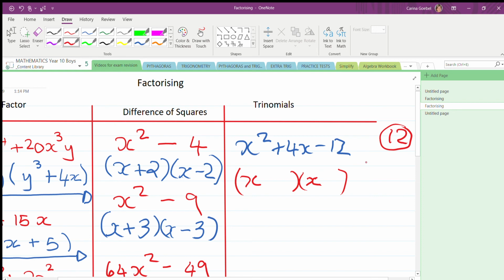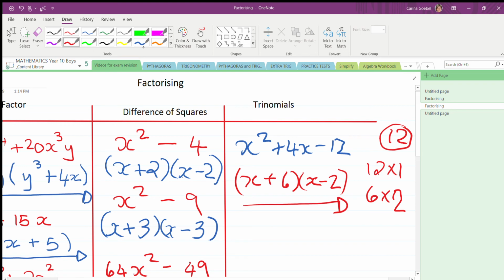So 12 times 1 is 12, but 12 minus 1 gives you 11, so that won't work. So that looks like it's going to be 6 and 2. 6 times 2 is 12, and 6 minus 2 gives you 4. Put your numbers in, and then decide what your sign is going to be. You need a positive 4, so that means you have to have plus 6 minus 2.